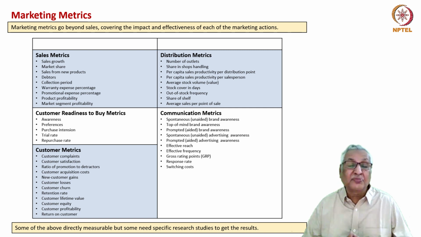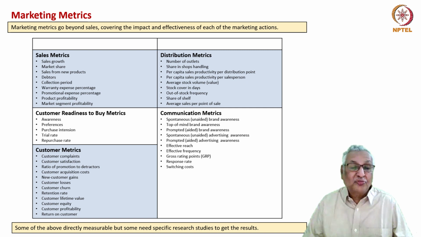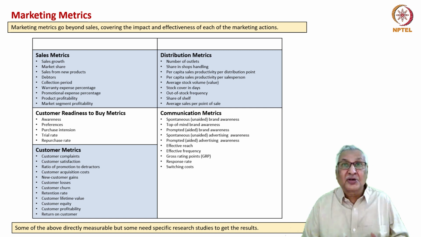Then we have customer based metrics which are related to customer complaints, customer satisfaction, ratio of promoters to detractors, customer acquisition costs, new customer gains, repeat customers, customer losses, customer churn, retention rate, customer lifetime value, customer equity, customer profitability, return on customer. It is not enough if your product is profitable to the company. It must be profitable or value building for the customer as well.